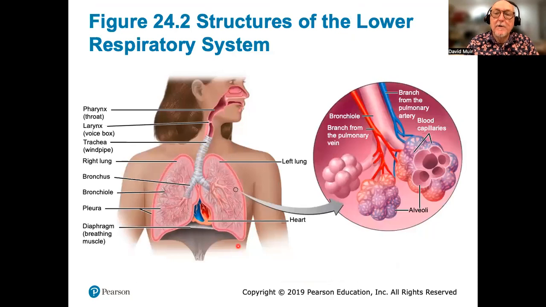Okay, the lower respiratory tract. The trachea, the big tubes, the bronchi are the tubes leading away from the trachea into the lungs. The very fine tubes leading to the alveoli are the bronchioles, and these are the alveoli here, and they are always filled with air, and that is the action of respiration.